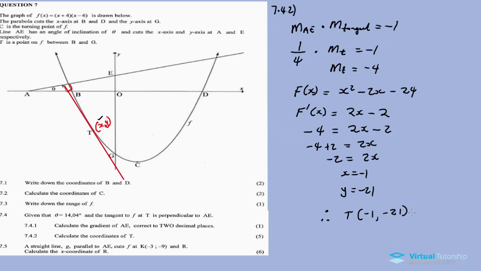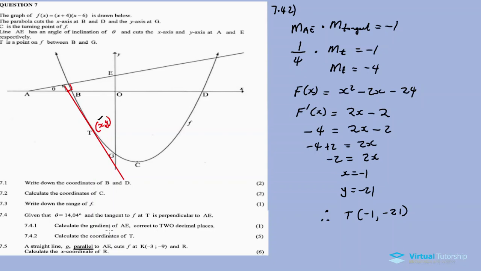7.5: a straight line G. So we introduce another line which is parallel to AE. The keyword now is parallel: parallel to AE, it cuts f at K and R. Calculate the x coordinate of R. So we only need the x coordinate of R. Let me provide a visual as well.